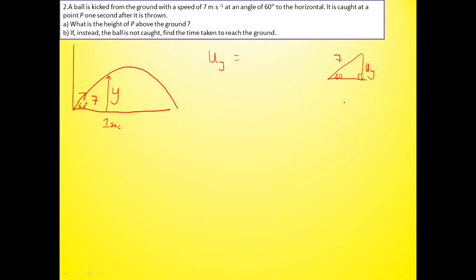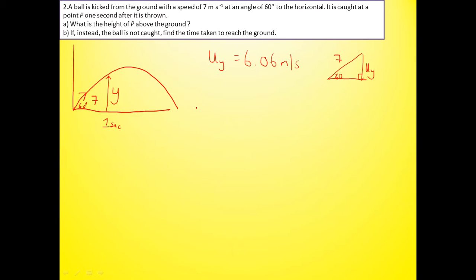Now obviously there's an x component to that, but we don't need to worry about that. So when we're looking at the vertical, it's v sine, so we go 7 sine 60 to get an answer of 6.06 to 2 decimal places. So 6.06 meters per second is the initial speed.